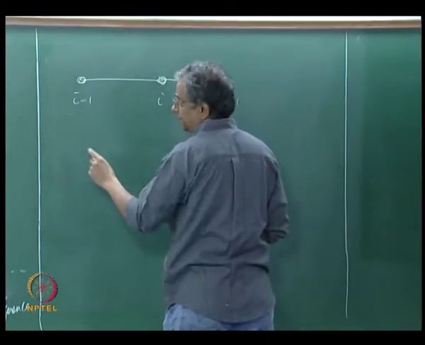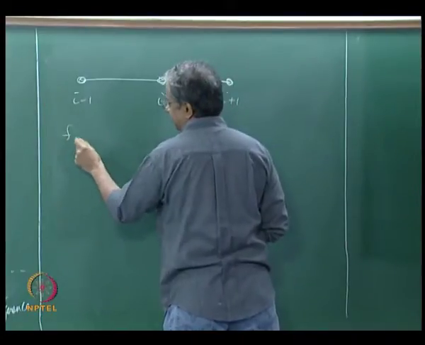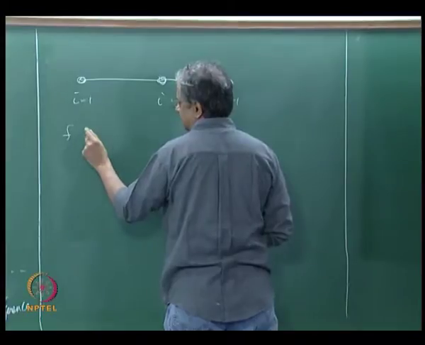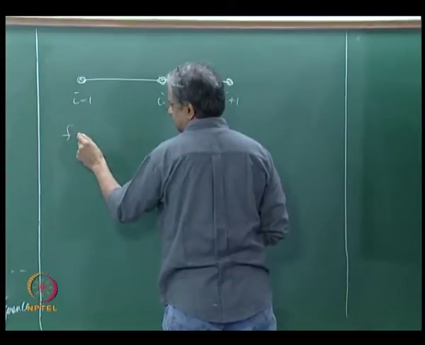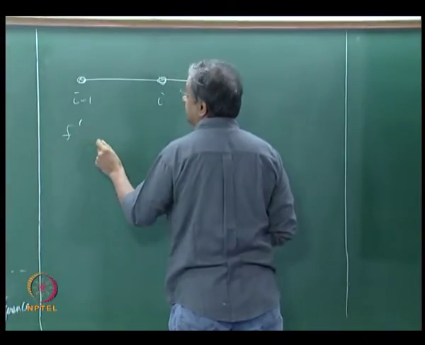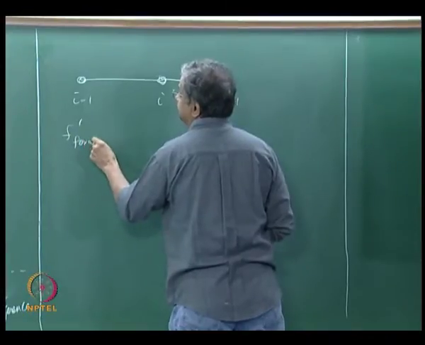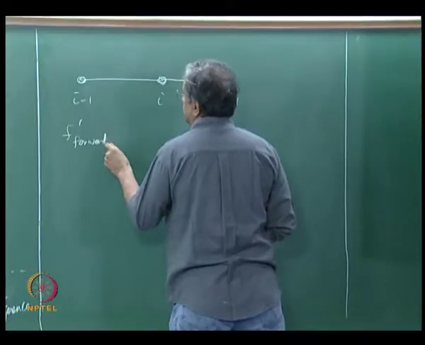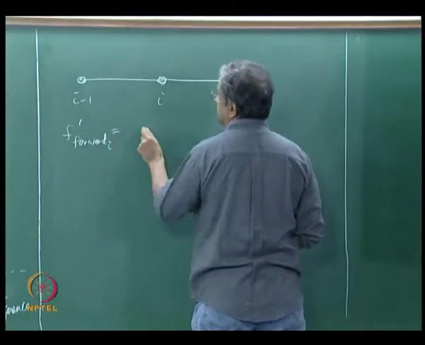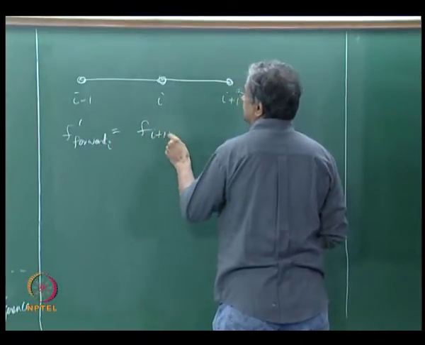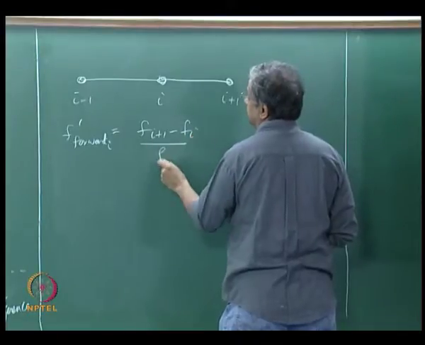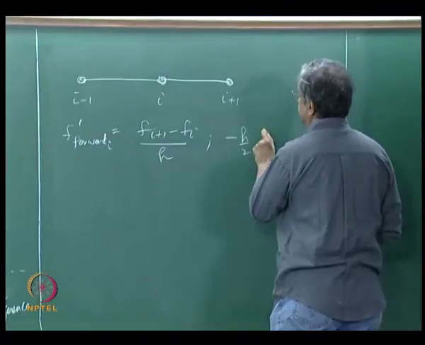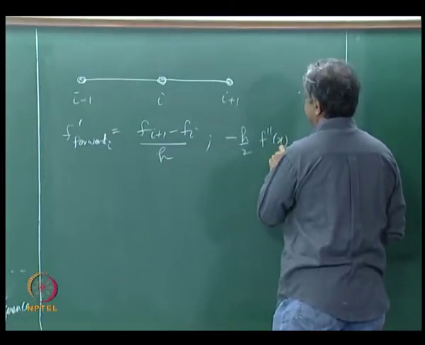So I have one approximation for the f prime, which is the forward difference, at the point i, which equals f_{i+1} minus f_i divided by h, minus h by 2 f double prime of x.